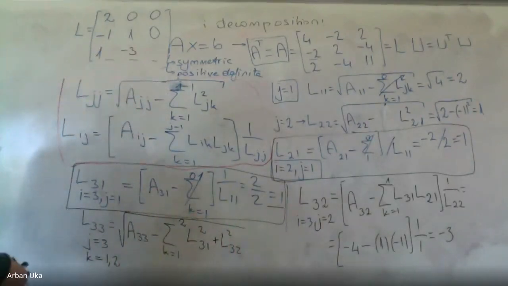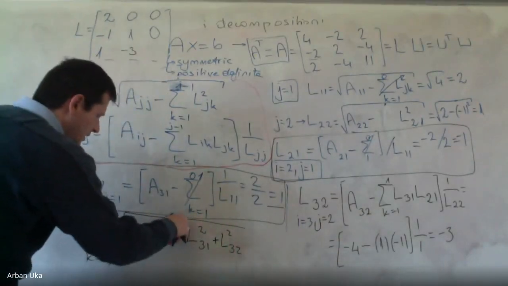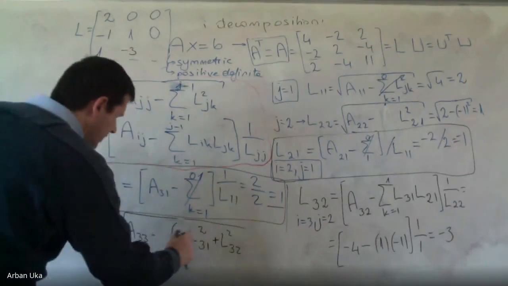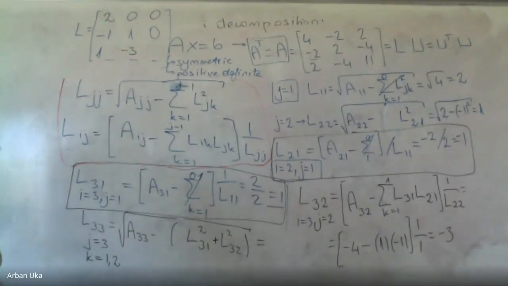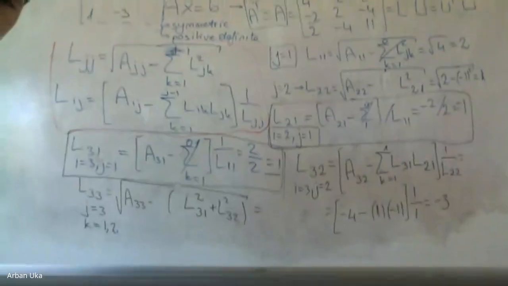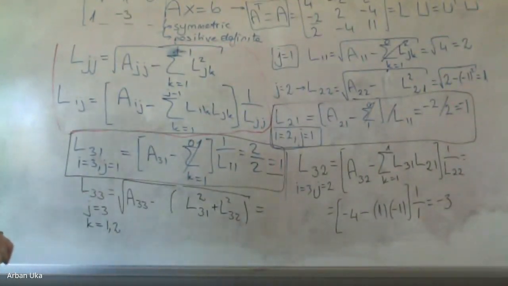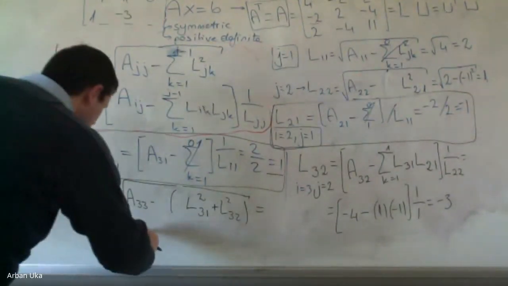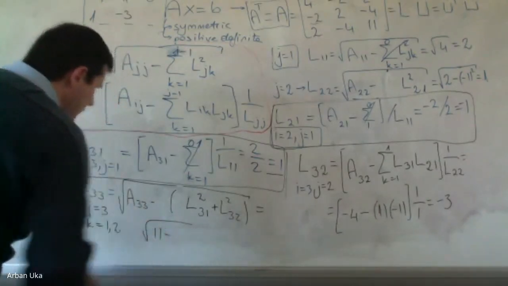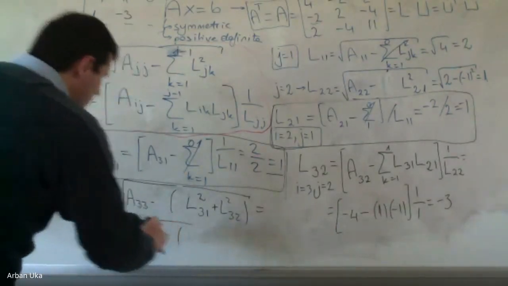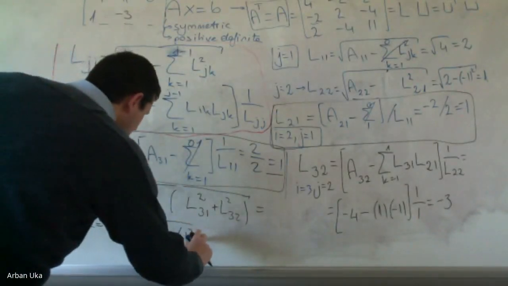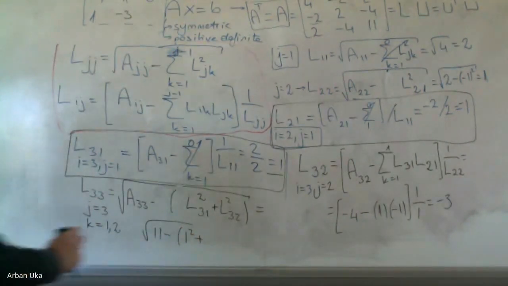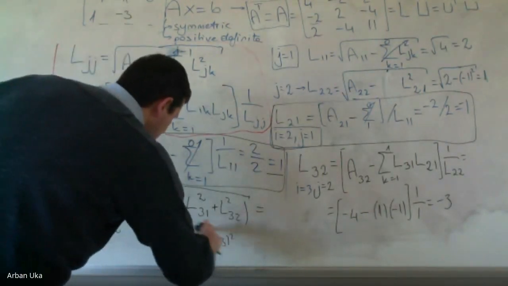Okay, so this summation is what it means. Since we wrote both terms, we can keep it like this, and this is equal to A33. A33 was 11, so this is equal to the square root of 11 minus L31 squared, L31 is 1 squared, plus L32, which is minus 3 squared.